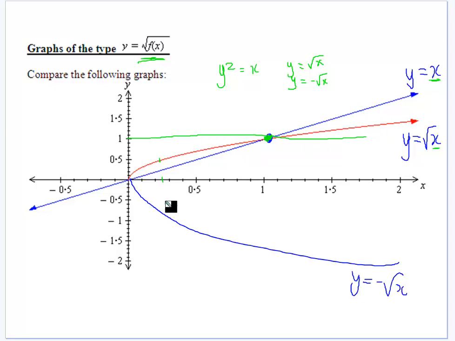And the same thing is going to happen if we're taking the negative square root. The key values are going to be at 1, so at minus 1. It's going to be going through at 1, and the curve's going to be less than that.